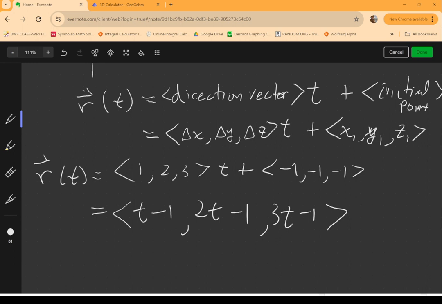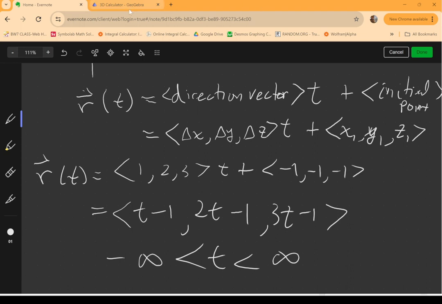If it represents a line, t can be any real number, so we just say t goes from negative infinity to infinity. If we want to plot a line segment, then we restrict the values of t. But if we're just talking generally of a line, then we're dealing with any values for t.